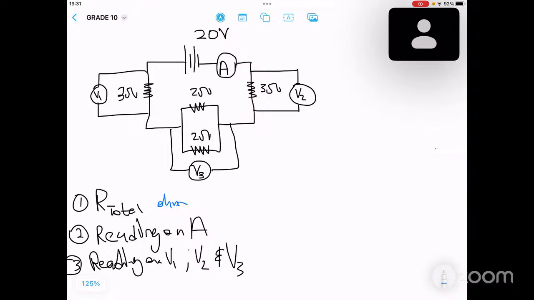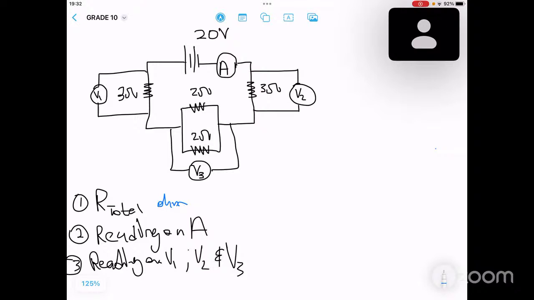But if the resistance on a parallel connection is the same, then the current will split equally, half that side, half that side. Then on the other side, it joins back to the original. Those are the things that you need to understand. In terms of calculations, it's primary stuff.